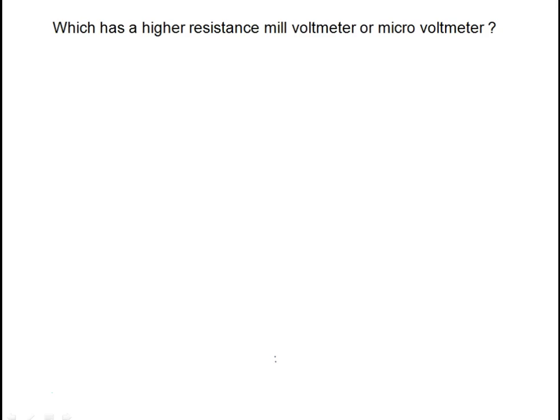Now the question comes, which has higher resistance, a millivoltmeter or a microvoltmeter? Milli means order of 10 to the power minus 3, micro means 10 to the power minus 6. Again we know V equals IR, and if current is constant, V is proportional to R. In the same circuit you are replacing the millivoltmeter with a microvoltmeter.